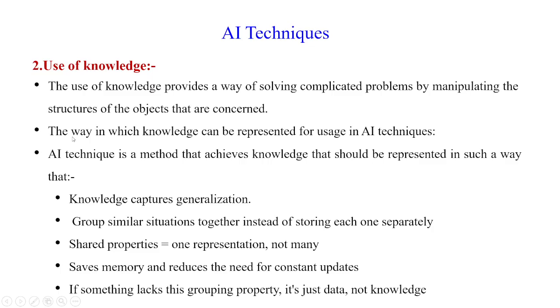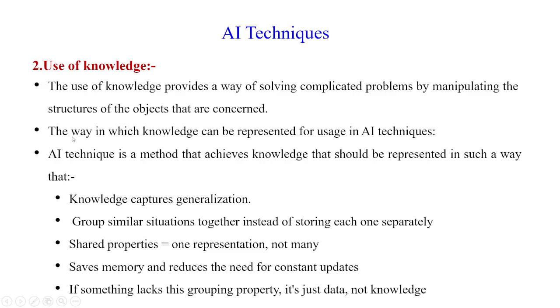Now, we will talk about the second major AI technique, that is the use of knowledge. The use of knowledge provides a way of solving complicated problems by manipulating the structure of the objects concerned. Instead of blindly searching, if we have domain knowledge, then we can use it to solve problems more efficiently.